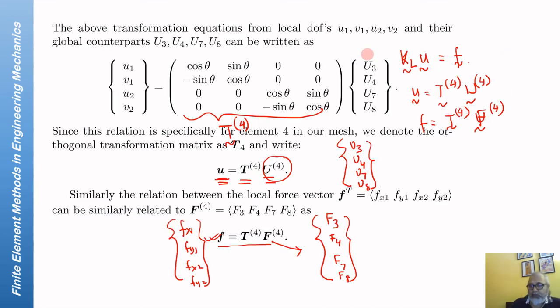However, this transformation matrix has a nice property which makes it orthogonal, and that property is that T4 inverse is the same as T4 transpose. This is a known property of rotation matrices. You may be aware of it.